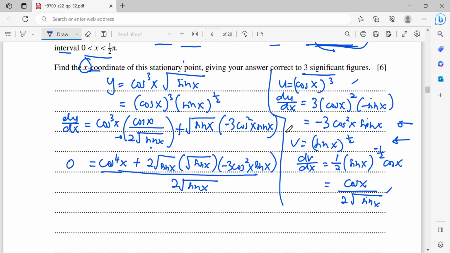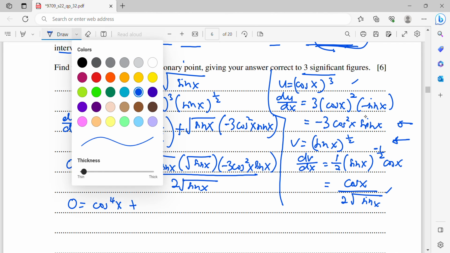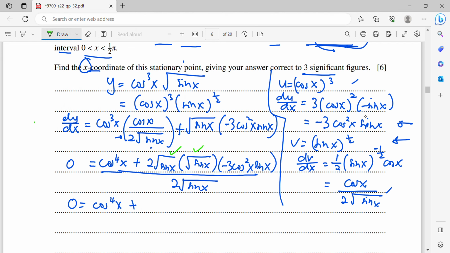Alright, so now when we solve this equation, the denominator will be 0. So I will get 0 equals cos to the power 4 x. Now square root sine x times square root sine x will be sine x. And don't forget there's a minus 3 here.